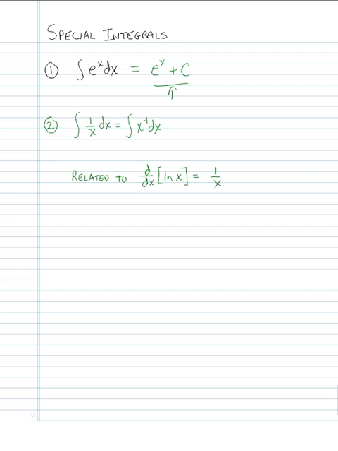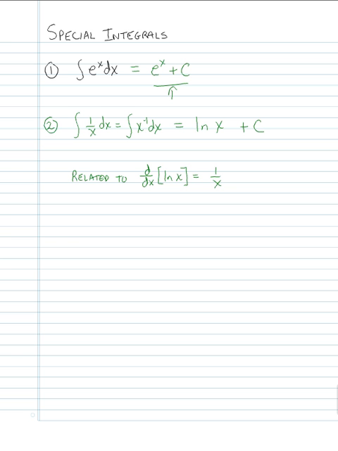And so if you would accept from me, it's reasonable that we would get the natural log of x as our result here, right? Because the derivative of natural log of x is 1 over x. Now here's the only catch to this. Remember that we can't take the natural log of negative numbers.